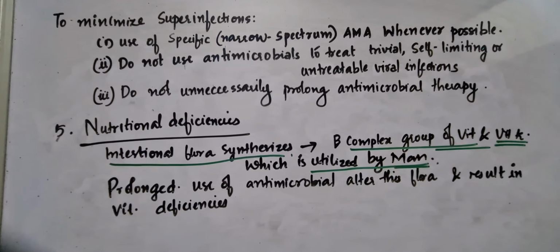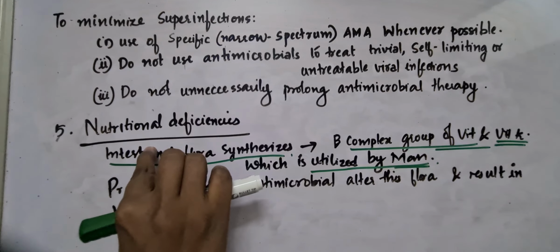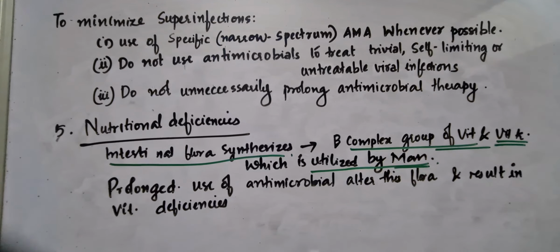But the prolonged use of antimicrobial agents alters this flora and thereby results in vitamin deficiencies. For example, neomycin causes morphological abnormalities in the intestinal mucosa, so malabsorption syndrome can occur.